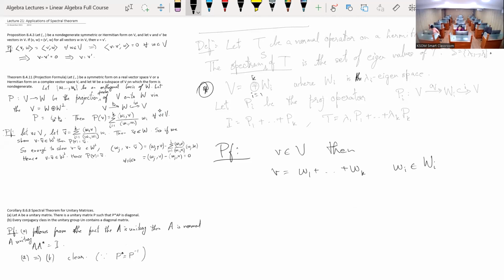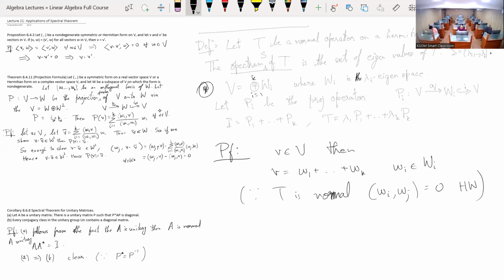And since T is normal, the inner product between wi and wj is going to be 0. If you have eigenvectors with two different eigenvalues for a normal operator, then this is 0. This is a homework problem.